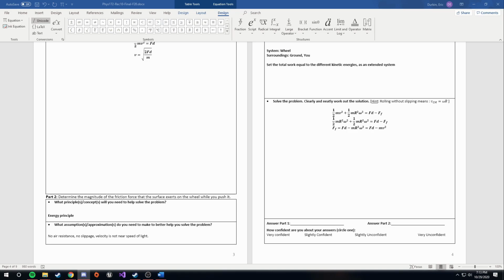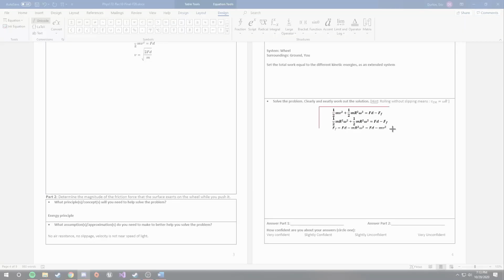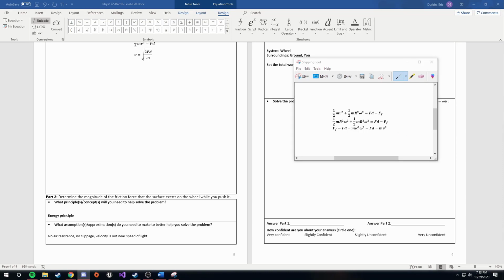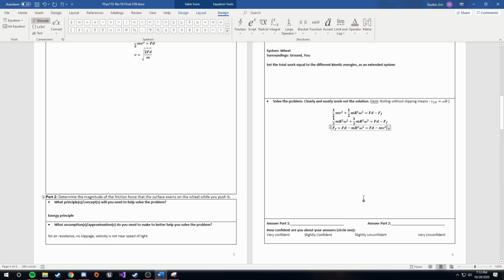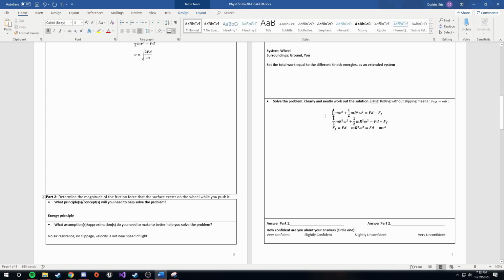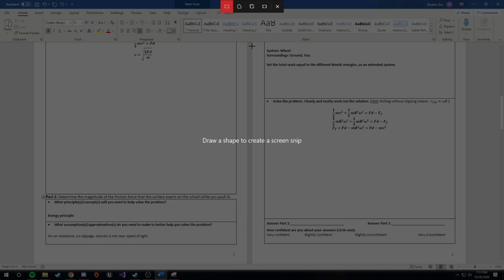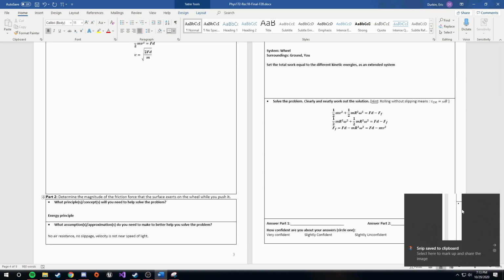Can everyone see my screen? Yeah. Cool. You know what? Easy fix to this. Here we go. By the way, Windows Shift S works also for the snipping tool. It's really quick and then it saves to your clipboard. Interesting. That's a good picture. Thanks.